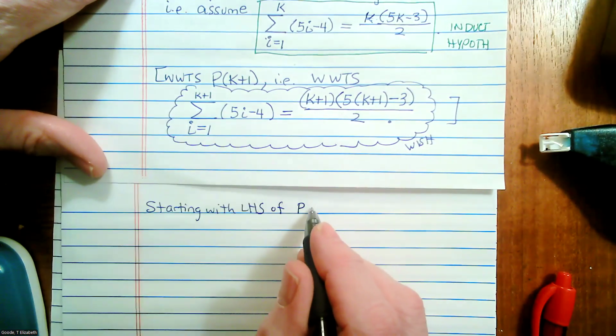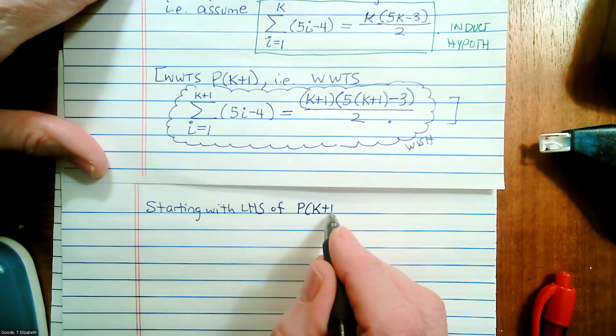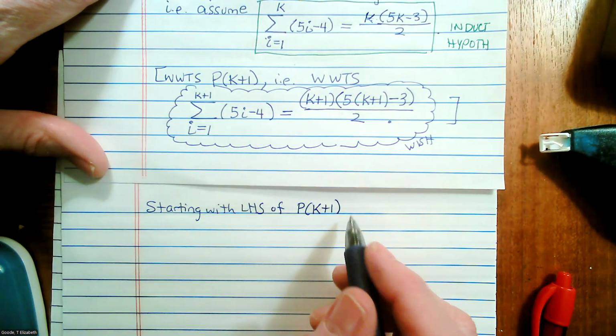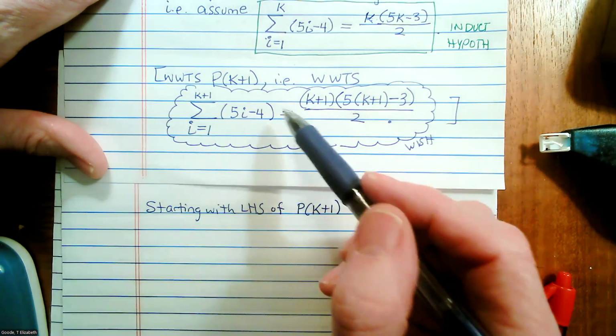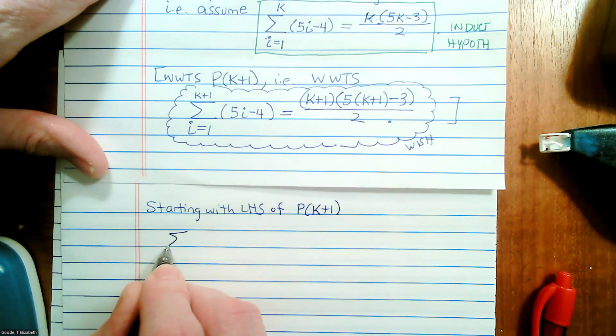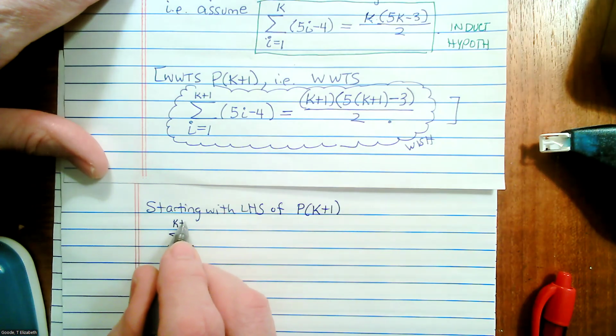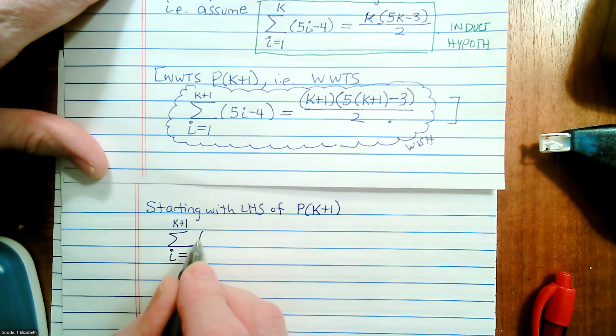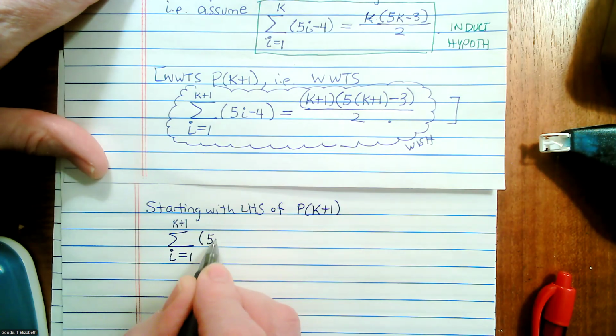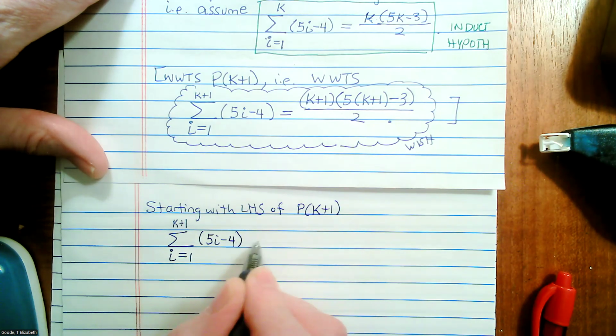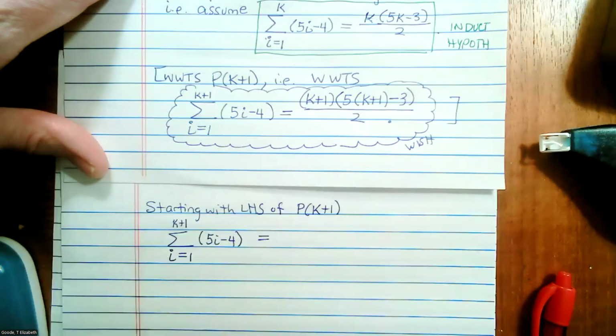So we're starting with the left-hand side of P of k plus 1. I know it's a little bit against intuition, but we're just starting with the expression. Nothing wrong with just saying we're looking at the sum from i equals 1 to k plus 1 of 5i minus 4. All right, so what is the thing that we should do now?